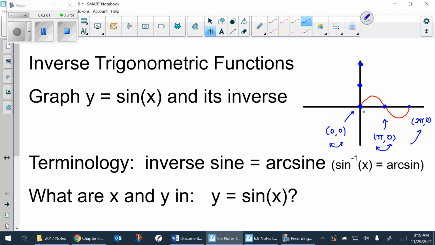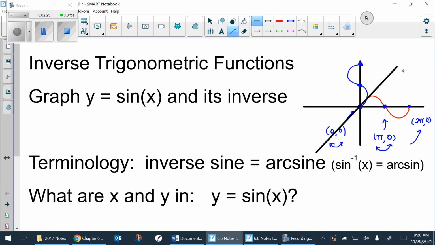And so what this would look like is something that looks like that. Now, does that look like those are reflections over the line y equals x? And you'd look at it and say, yeah, that looks pretty good.